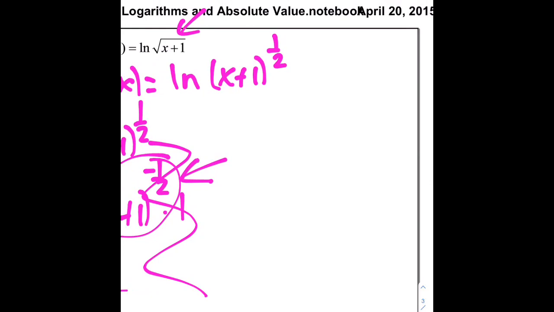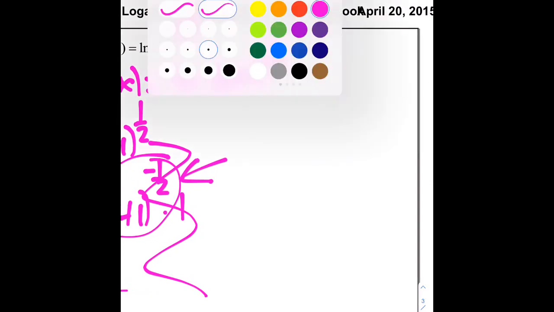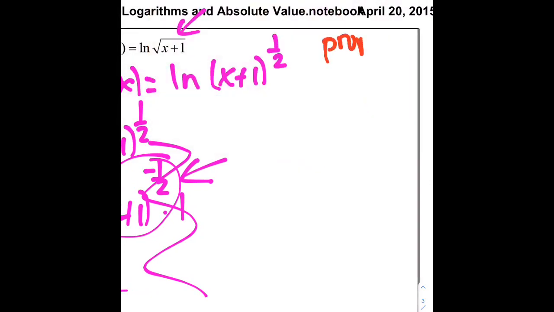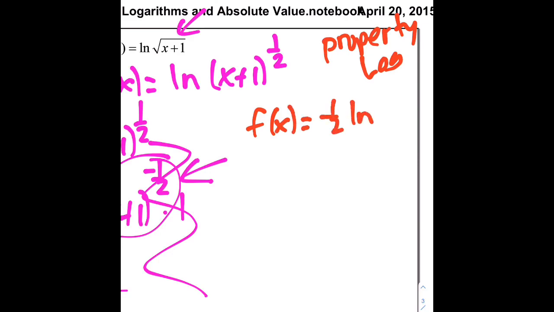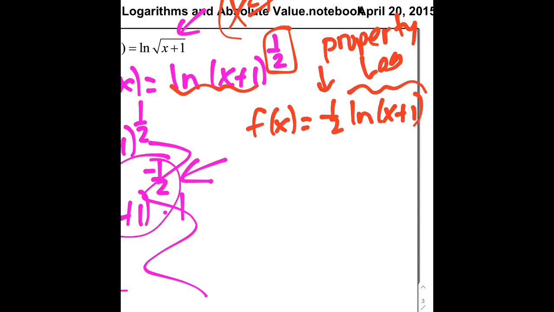An alternative way that you can go about doing this problem is to apply a property of log first. So I'm going to do another algebra rewrite step, and I'm going to write this as 1/2 the natural log of x plus 1 because you have the power to a power rule which tells you to multiply the exponents. So remember, a log is an exponent. It's being raised to an exponent. So I am taking this exponent and that exponent and multiplying.